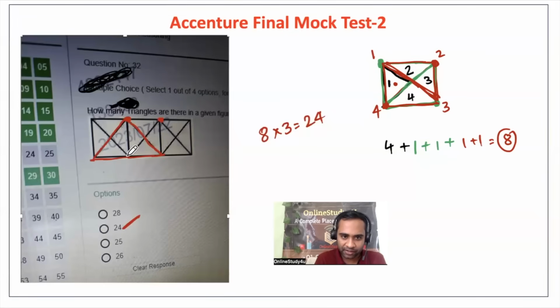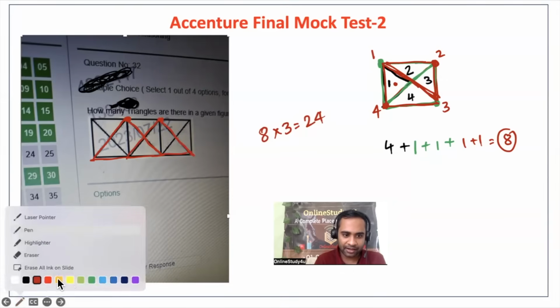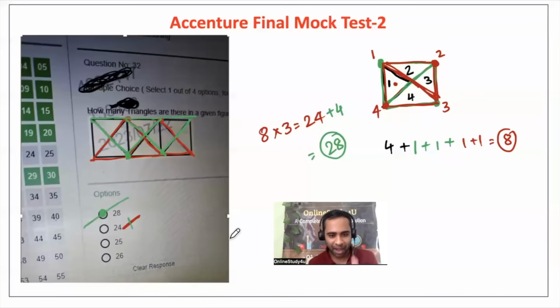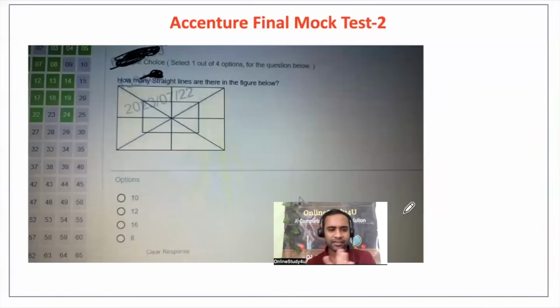Again from this point we will have two triangles, agreed or not? And then again from this point we will have one triangle, and again from this point one triangle, right? So basically 24 plus 4, that means a total of 28 triangles will be there. So option A will become the correct answer. If you have marked 24, or if you mark 26, it will become wrong. So please understand, and definitely practice, things will become easier.